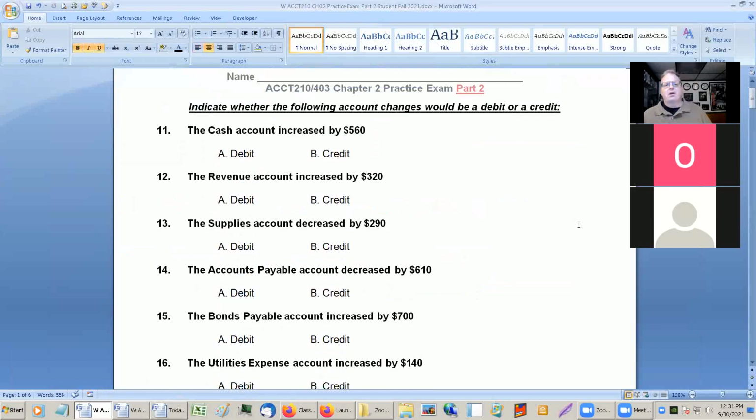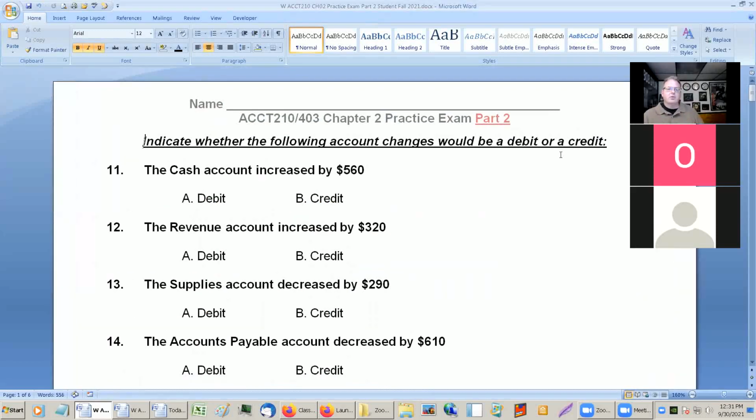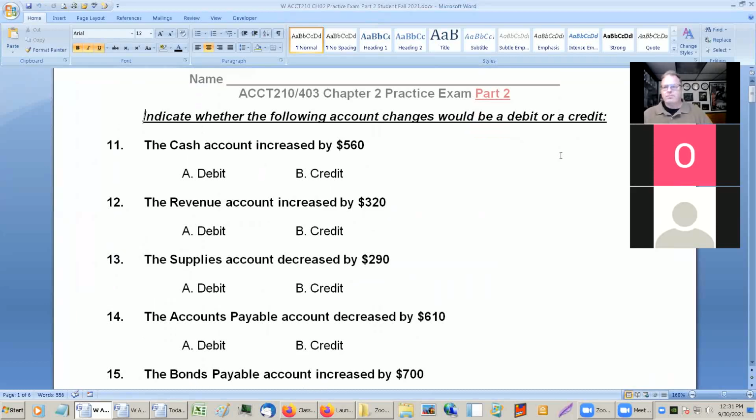So this is the Chapter 2 practice exam part 2. And this first part here is just basically debits and credits. When something happens to an account, is it a debit or a credit?